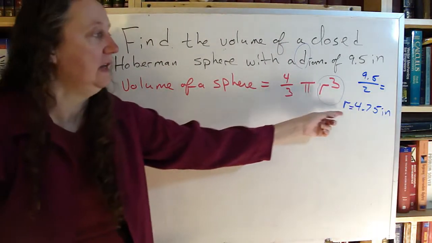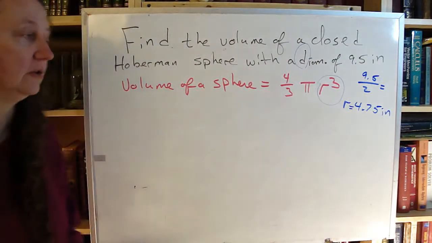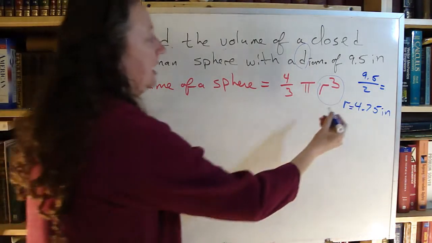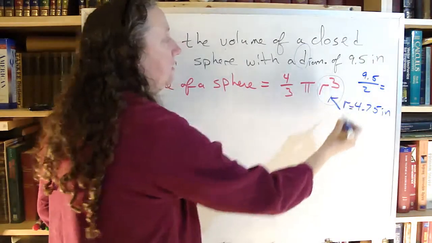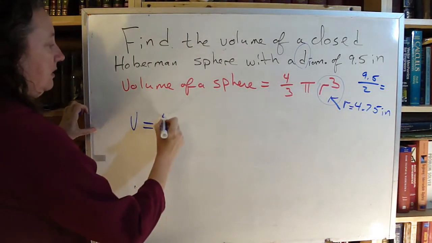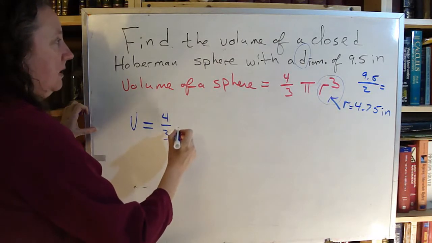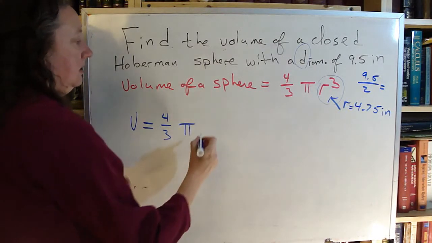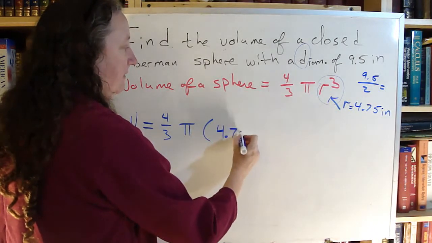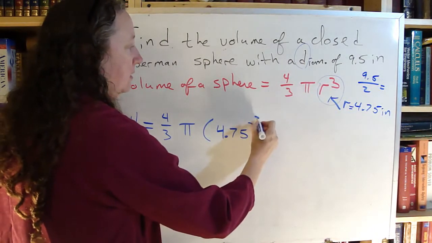So now I have my radius is 4.75 inches. Take that number, plug it into my equation. So the volume is 4/3 times pi times 4.75 cubed.